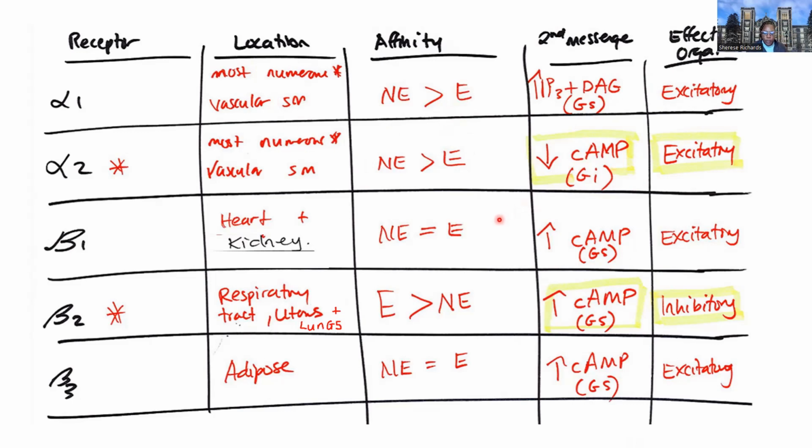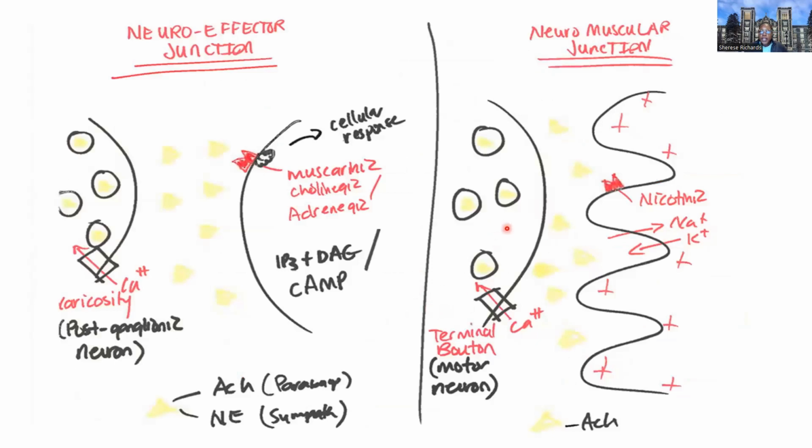Next, I want to review the neuroeffector junction versus the neuromuscular junction. Comparing the results here and the signal transduction mechanism, how that signal is transferred from the varicosity of the postganglionic neuron across to its effector tissue.